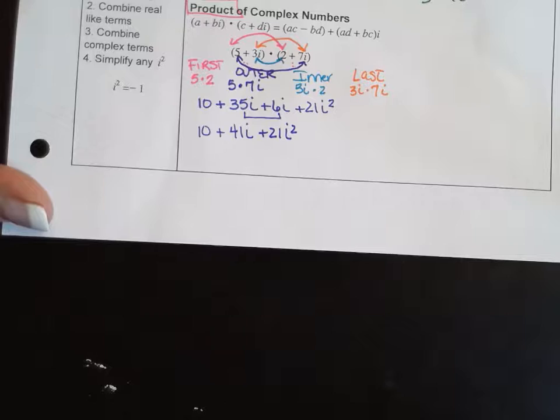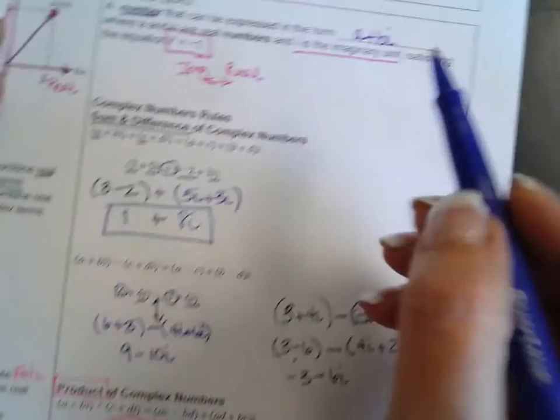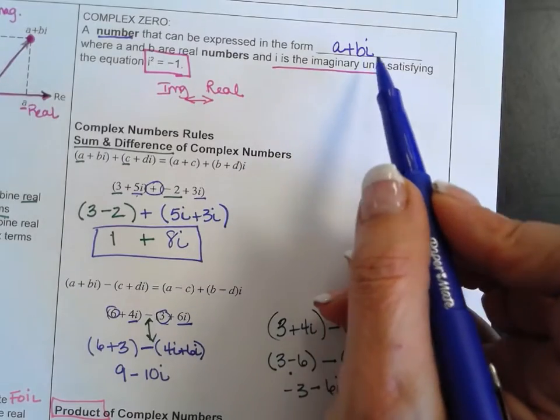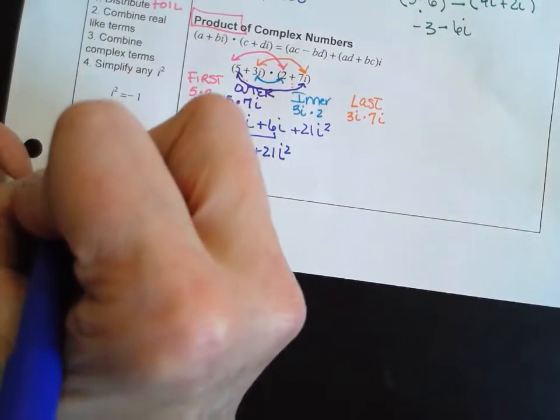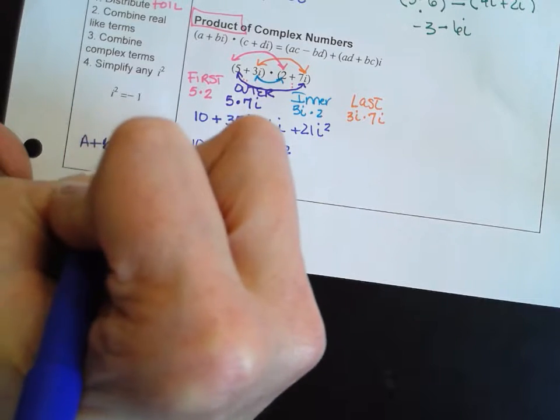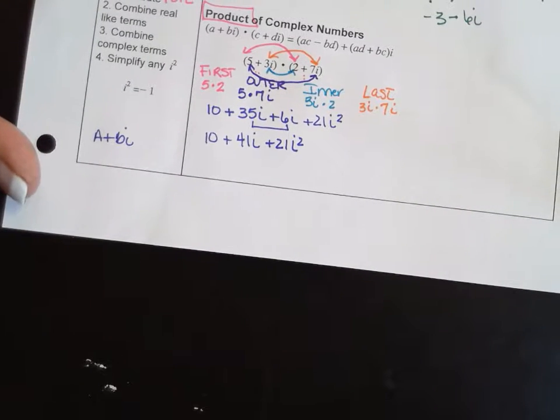Good so far? Okay, here's the trick question. Imaginary numbers are only a plus bi. There's no i squares, right? So that means I need to have it in a plus bi form.